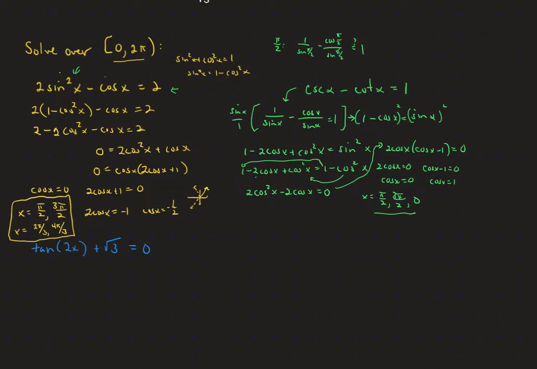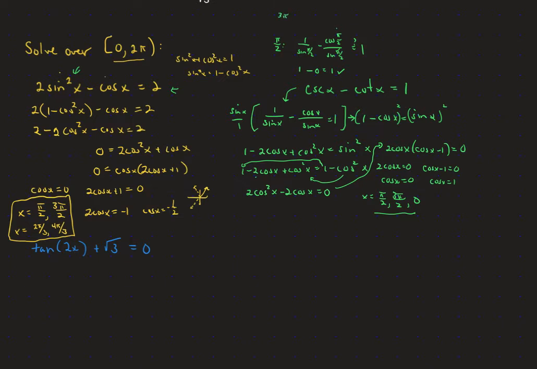Well, sine of pi over 2 is 1, so that's going to be 1. Since cosine of pi over 2 is 0, that's going to be 0, and that really does work, so pi over 2 gets to be in our solution set.